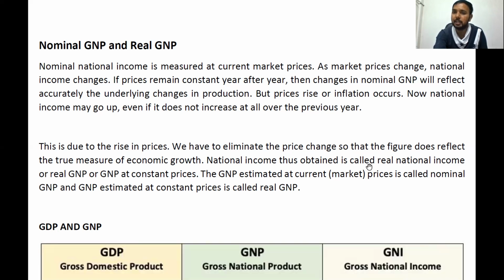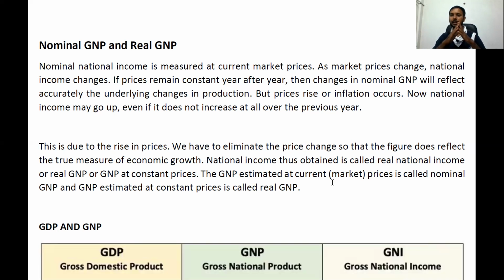National income thus obtained is called real income or real GNP or GNP at constant price. The GNP estimated at current market price is called nominal GNP, and GNP estimated at constant price is called real GNP. So guys, there are two different terms. The one is nominal GNP, the other is real GNP.